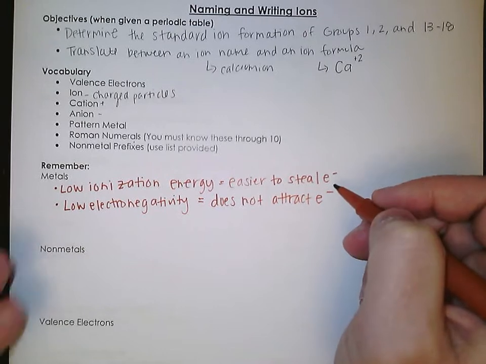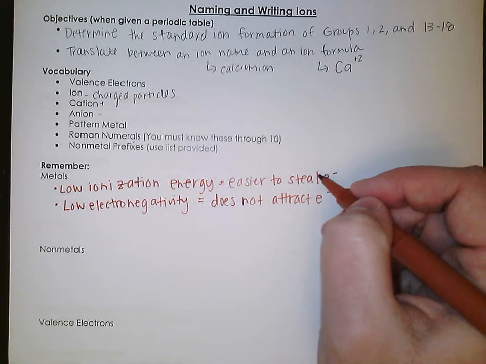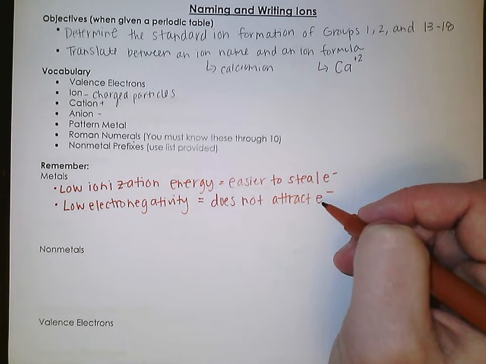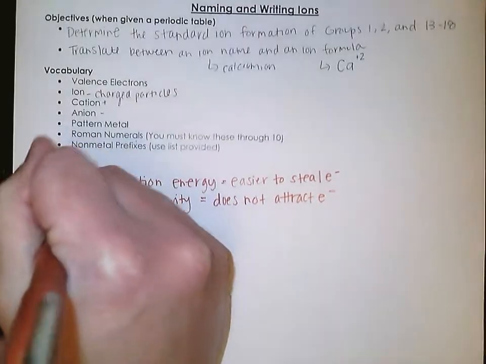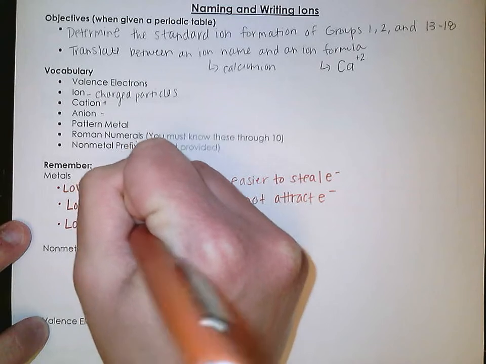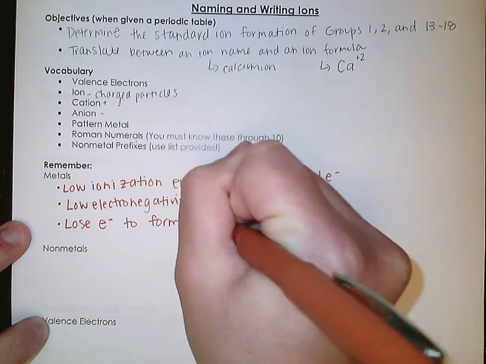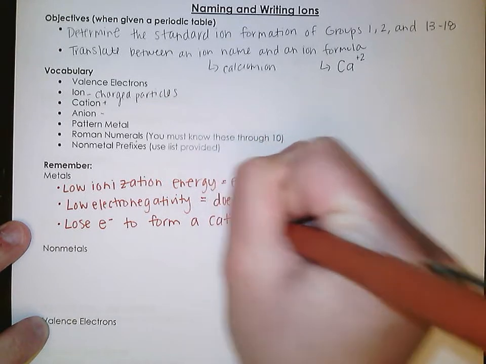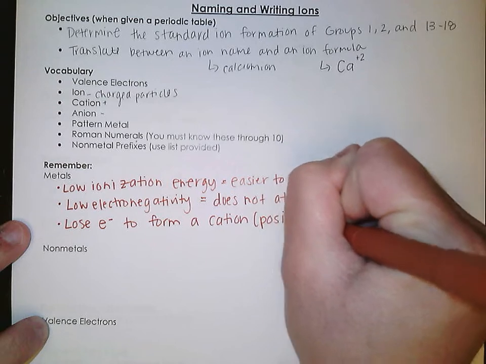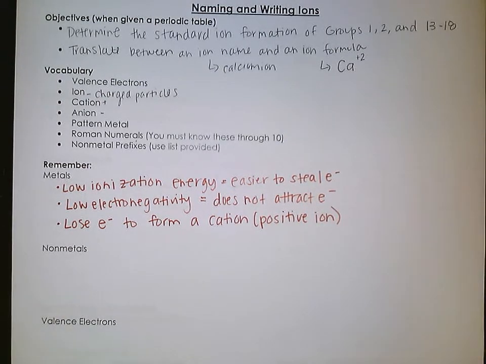Both of those things explain to us why it's going to lose electrons, this one right here, and it's not going to want to gain any, this one right here, so it's going to form a cation. But remember, a cation is positive. So those are our metals.